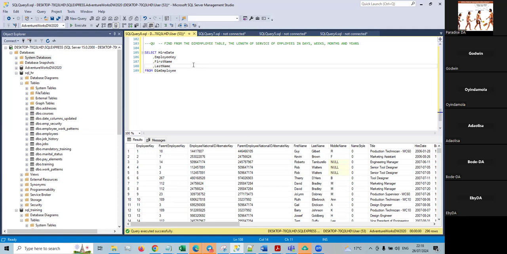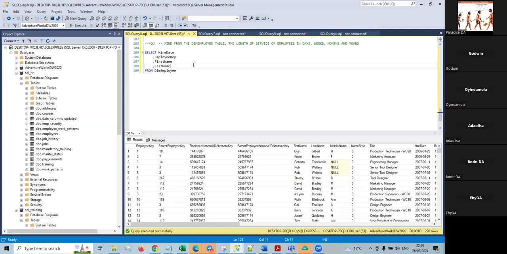Yep, date diff, that's good. So when we use date diff, how many arguments does it take? It will be the difference between the hire date and today's date, getdate. So we need hire date, we need getdate.